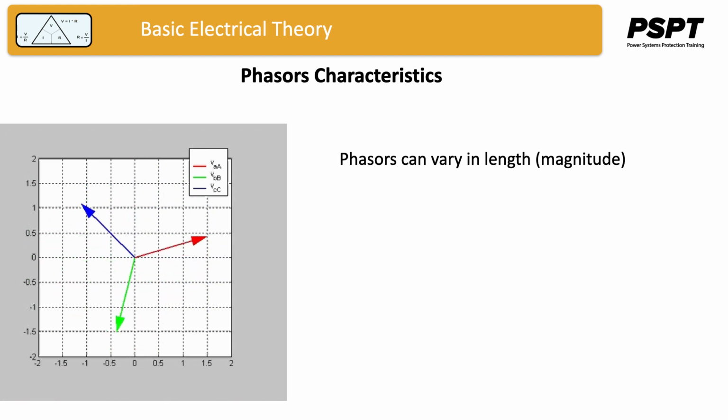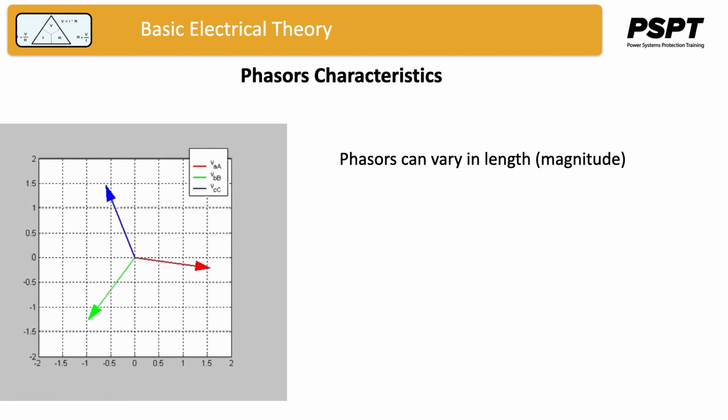Doesn't matter which it is, the phasor's length is proportional to that quantity, we have to define what that quantity is if we want to work with it. But for now, we can say that the length of a phasor changes as its magnitude changes.